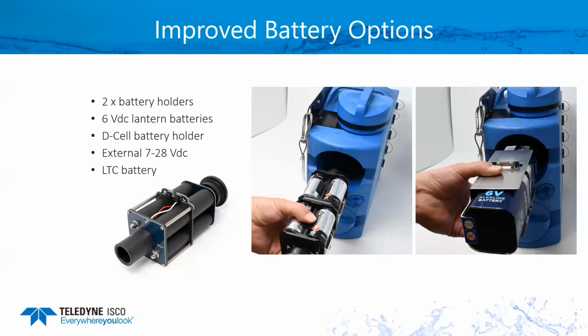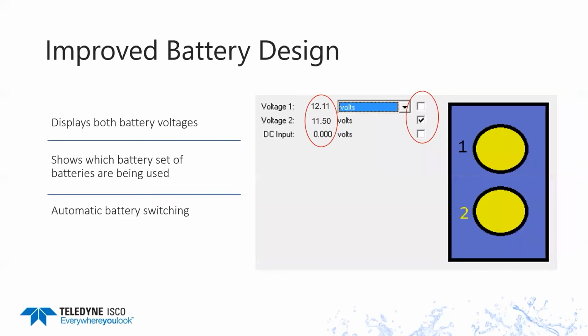So it gives you a little more flexibility on what type of batteries you want to use. And as we mentioned before, for the external power, we just have a cable. You can tie it into a deep cycle marine battery or other DC voltage sources from 7 to 28 volts. And last, we have the LTC lithium batteries for cold weather applications.